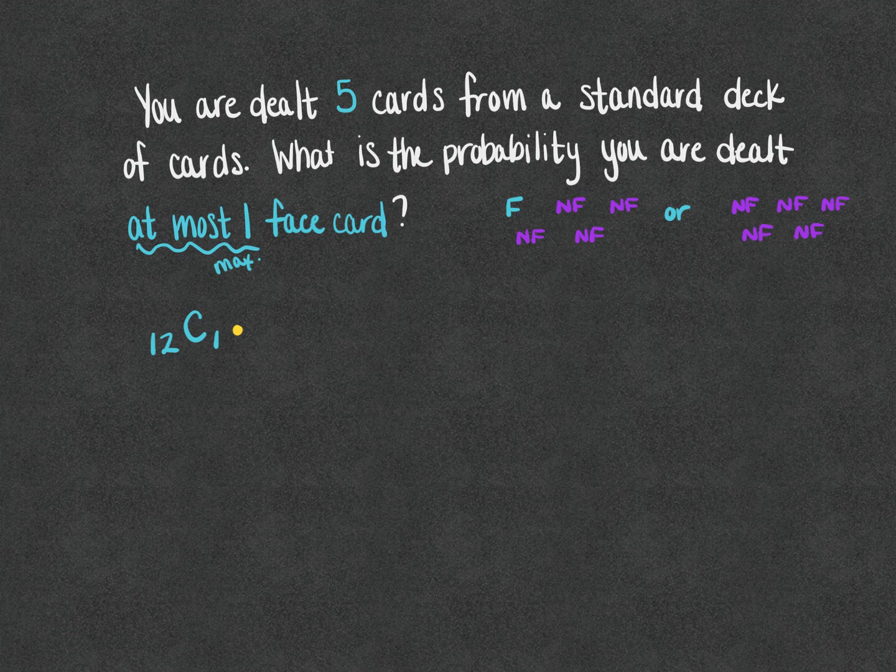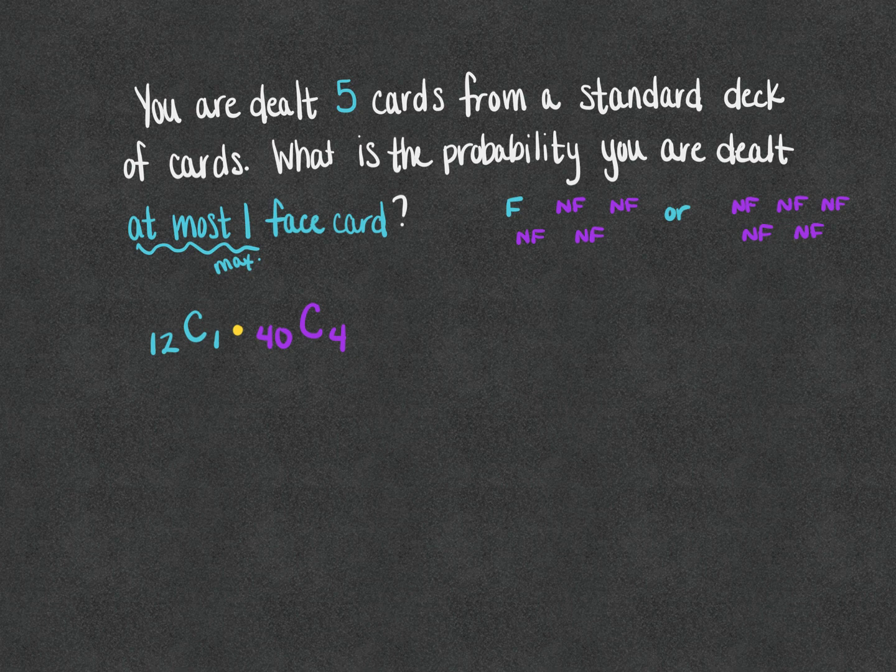So if 12 cards in the deck are face cards, there are 40 cards that are not, and we are being dealt 4 cards that are not face cards. Okay, and notice we want one face card and 4 non-face cards, the and represented by a multiplication symbol.